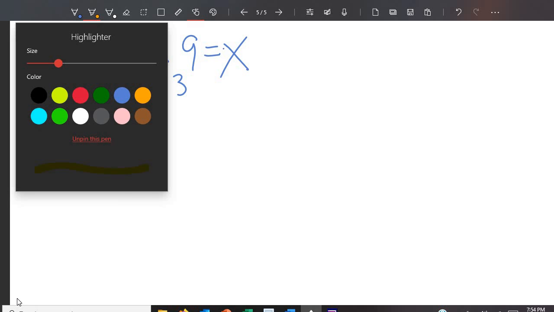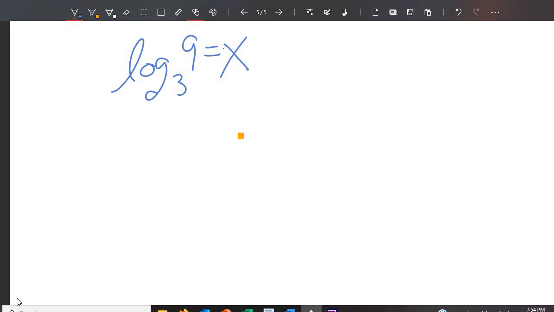Now, I want to talk about how to evaluate logarithms. Let's say I have this. In order to evaluate logarithms, what you're doing is this number over here is the exponent.